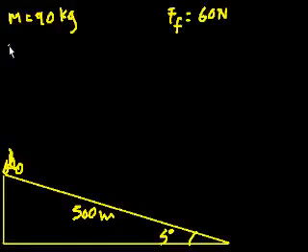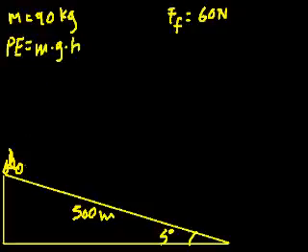Well, potential energy is equal to mass times the acceleration of gravity times height, right? That's equal to, the mass is 90. Acceleration of gravity is 9.8 meters per second squared. And then what's the height? Here we're going to have to break out a little trigonometry. We need to figure out this side of this triangle, if we consider this whole thing a triangle. We want to figure out the opposite. We know the hypotenuse, and we know this angle here.